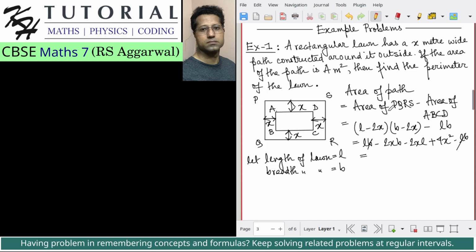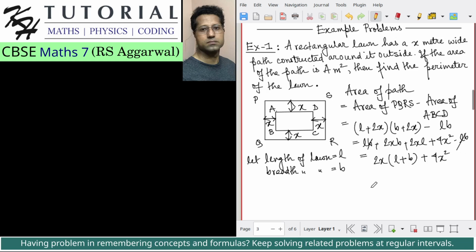Oh sorry, I made a mistake. The area of rectangle PQRS will be the length of the lawn plus twice x multiplied by the breadth plus twice x. So after the product and cancelling LB, we have 2x into L plus B plus 4x square.